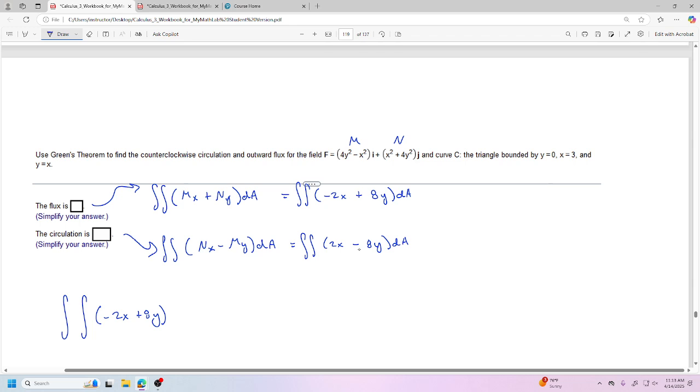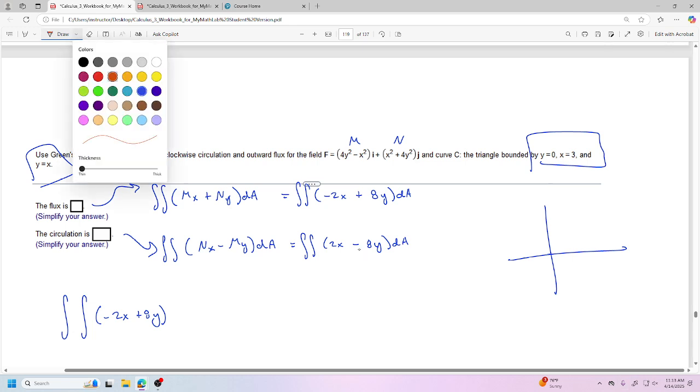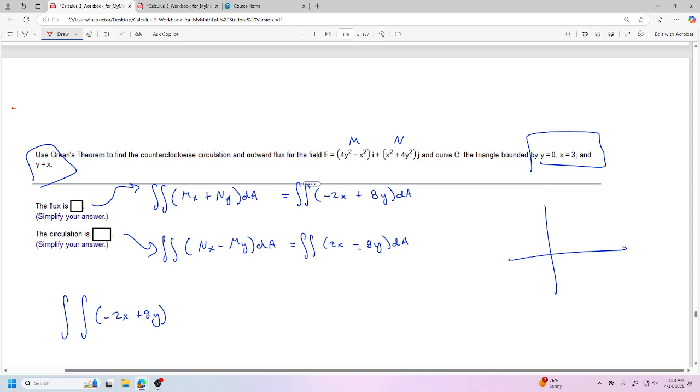It's up to you. Well, I'm thinking if y goes from 0 to x, then x goes from... Right. This right here is telling you what the region is. So let's draw a nice little picture for this. So y, oh, let me get a different color here. We got, first off, y equals 0. I got x equals 3.